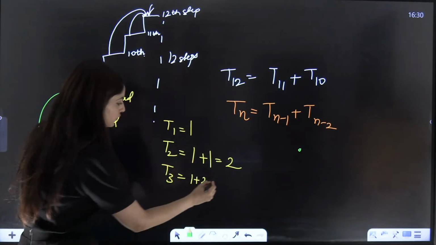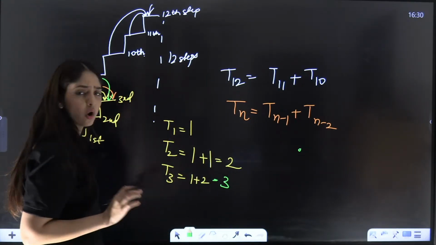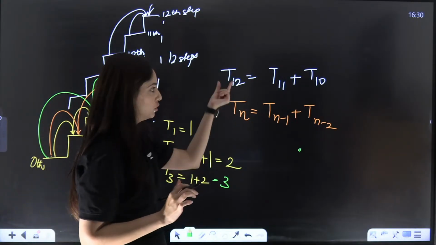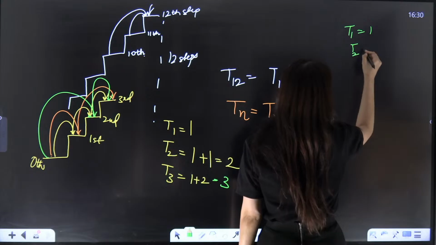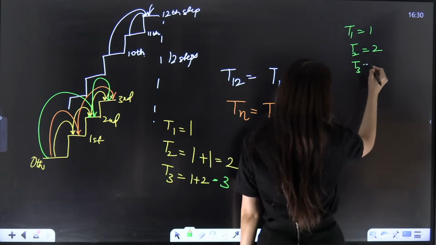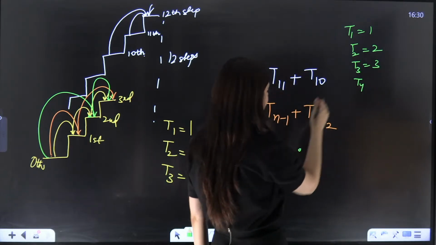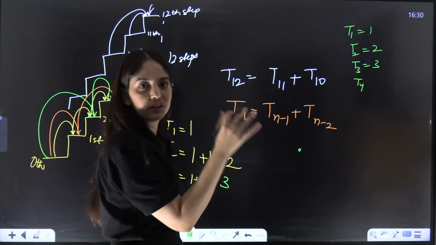So like this, we can find all tn's, and finally we need to find t12. So t1 is 1, t2 is 2, t3 is 3, t4 is, we just have to add the last two and we get the next one.